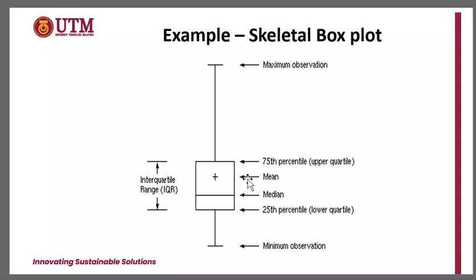So our outlier is a maximum value, so the mean will be above the median. Why? Because the mean is sensitive to outliers. It always goes towards the outlier. But if we have a minimum outlier, one that falls below the minimum value, the mean will be below the median.